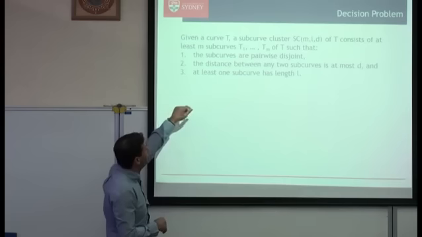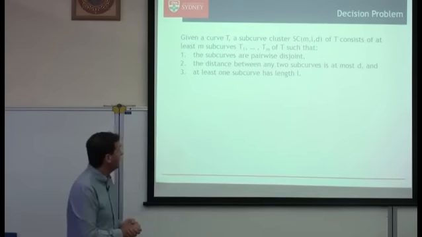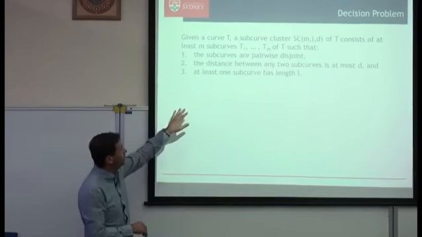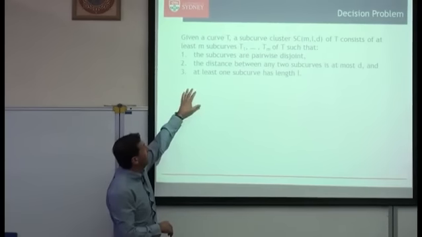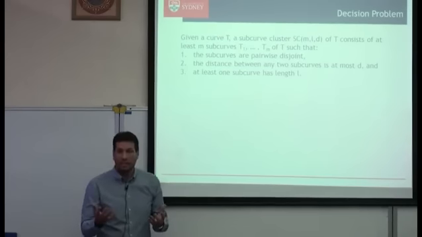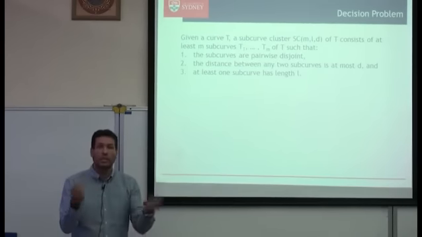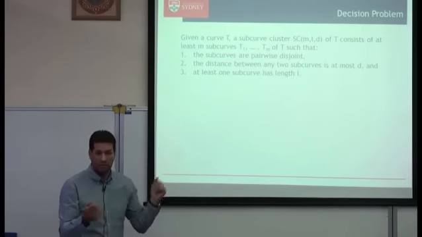So it consists of M subcurves such that the subcurves are pairwise disjoint, and the distance between any two subcurves is at most D, and at least one subcurve has a length at least L. So it's more or less a decision problem. I just want to see, is there a subcurve cluster with these three parameters?